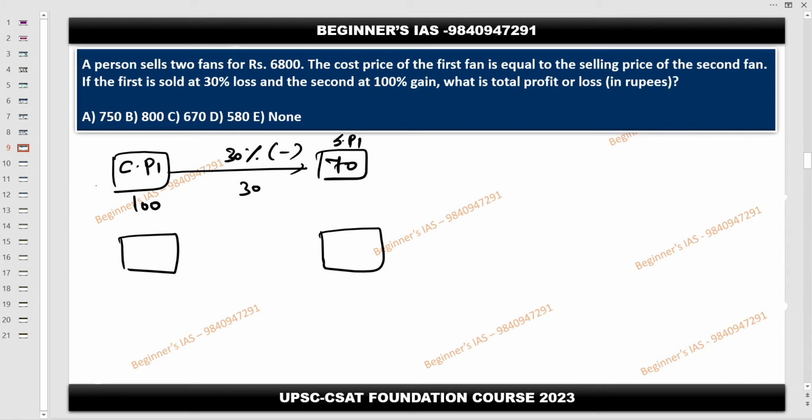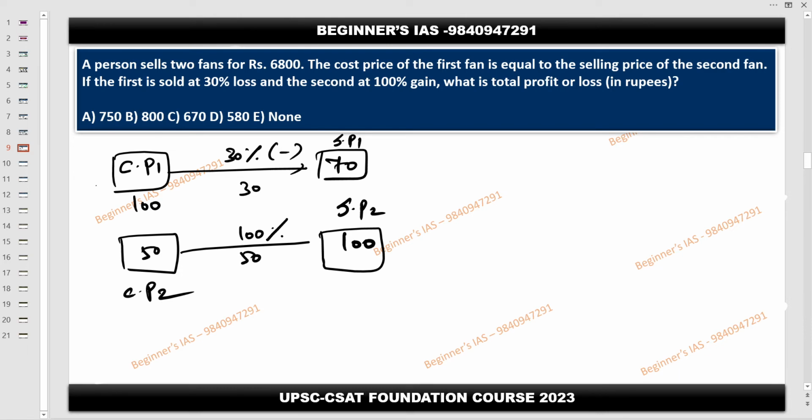So what I did is, I have taken the first fan and the second fan, that the cost price is 100 rupees. Then, as it is mentioned in the question, the cost price of the first fan is equal to the selling price of the second fan. So shall I take 100 here? Yes, sir. Very good. Then, as it is said in the second line of the question, the first is sold at 30% loss and the second at 100% gain.